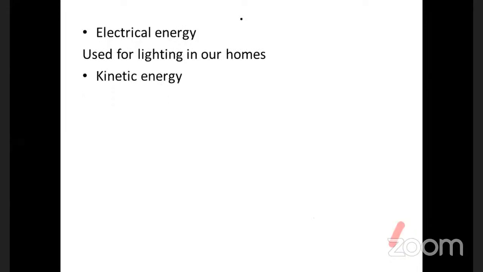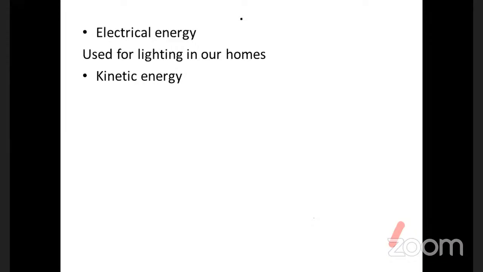Someone just mentioned for us mechanical energy, as broadly as it is, as one of the types of energy.